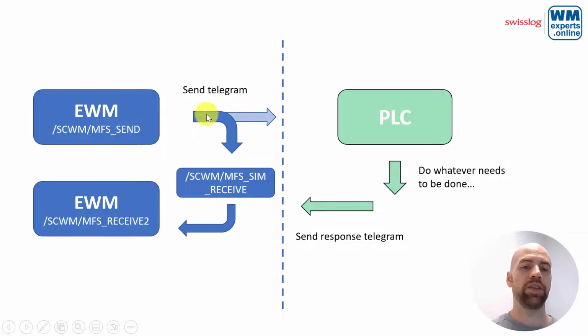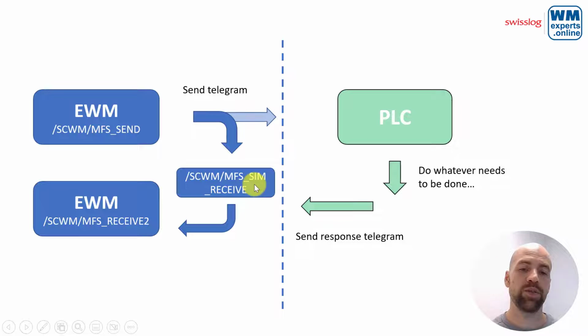And EWM does this cycle with itself. So instead of sending the telegram to the PLC, it now sends a telegram to the function module SAP MFS_sim_receive. So this function module receives the same data that usually the PLC would receive.